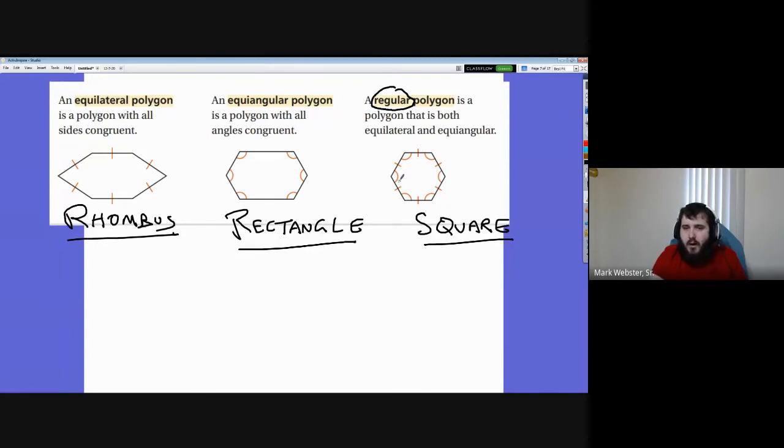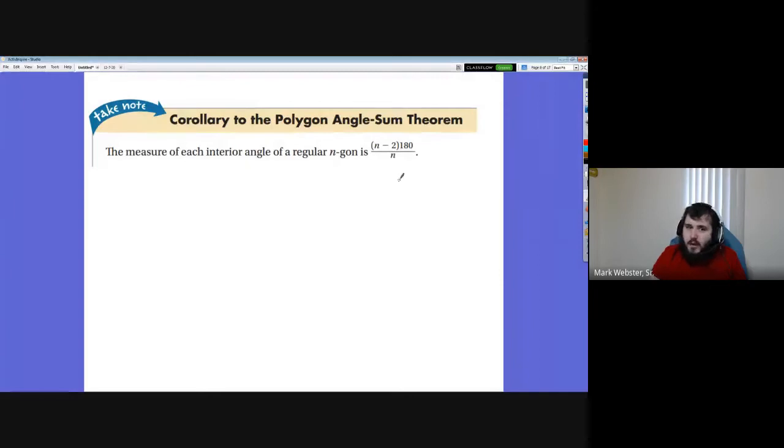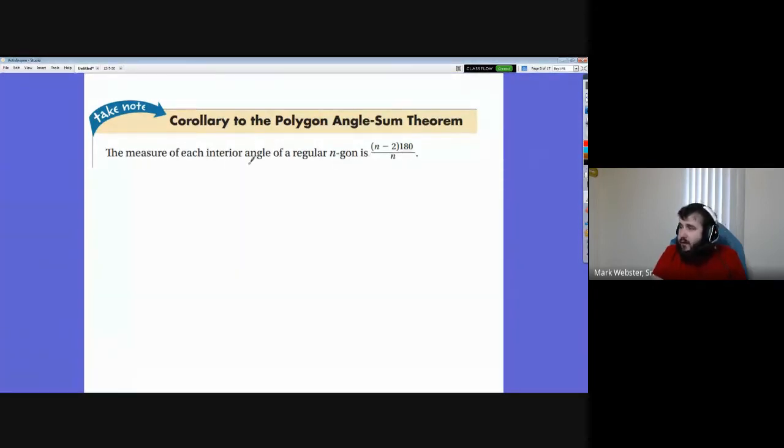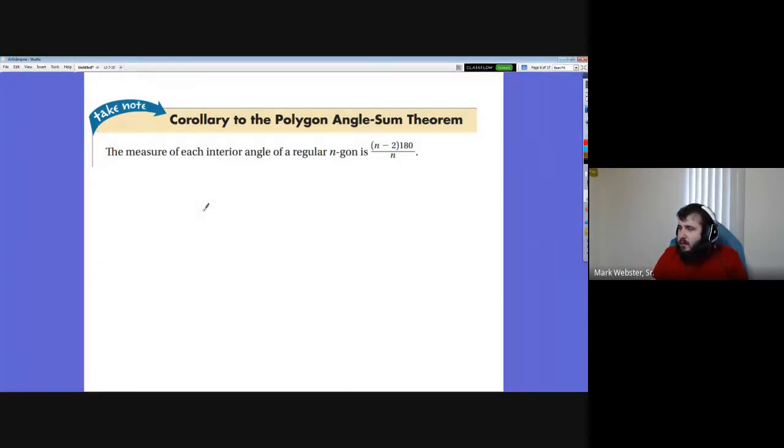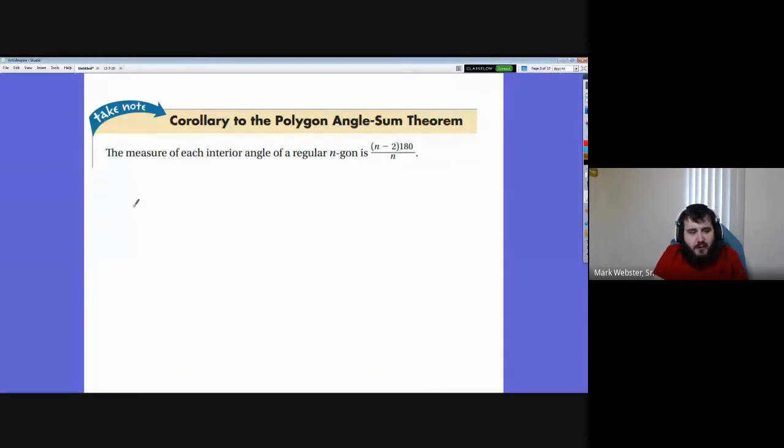Right? We want everything to be the same. Because if we know that all the angles are the same, then we could figure out what one angle is. Because if we know that, like for example, every time that we have a triangle, we know that the angles add up to 180. If all three were the same, we said that for an equilateral triangle, every time the angles make 60 degrees each, right?